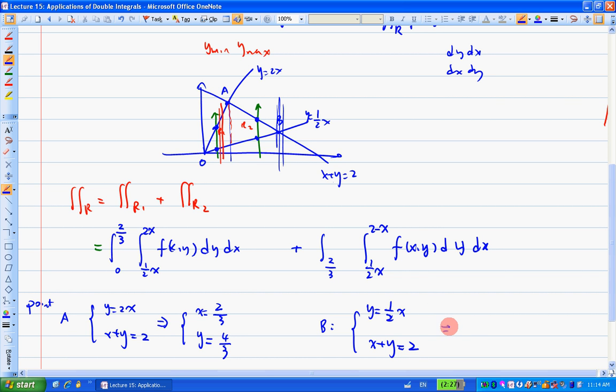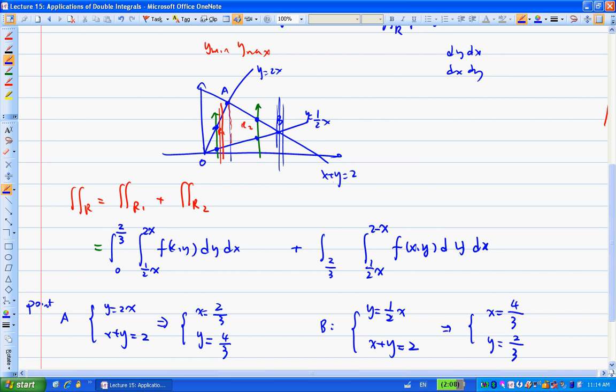So if you do this substitution here, x plus 1/2 x over here is 3 over 2 x. 3 over 2 x equal to 2, so that's 4 over 3. Okay. Then y would be 2 over 3.